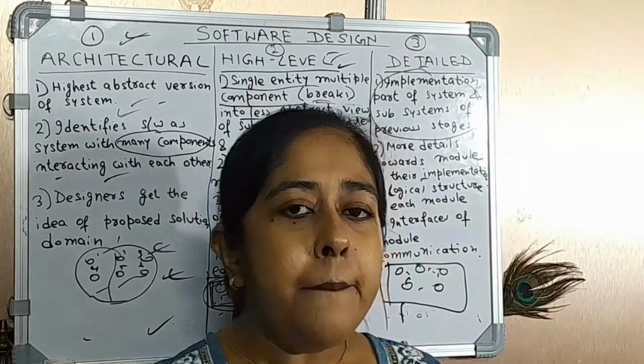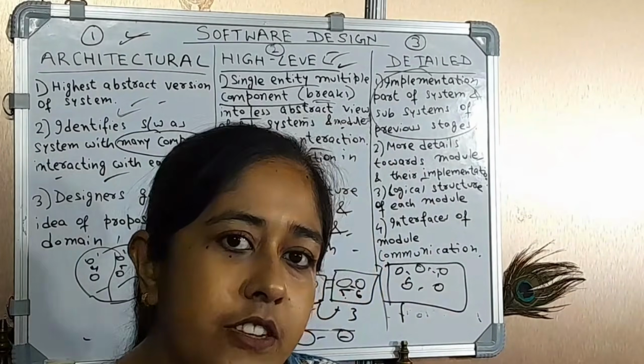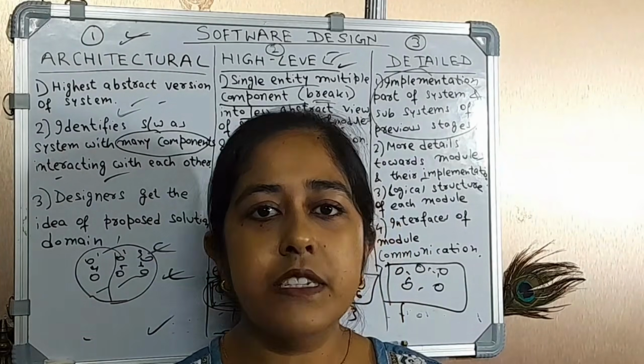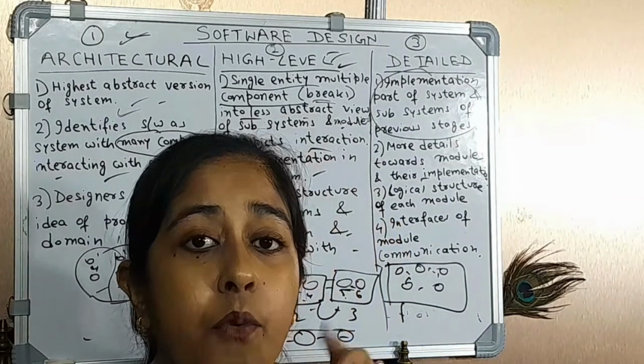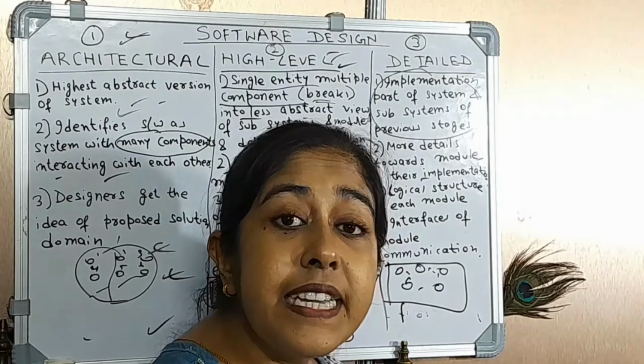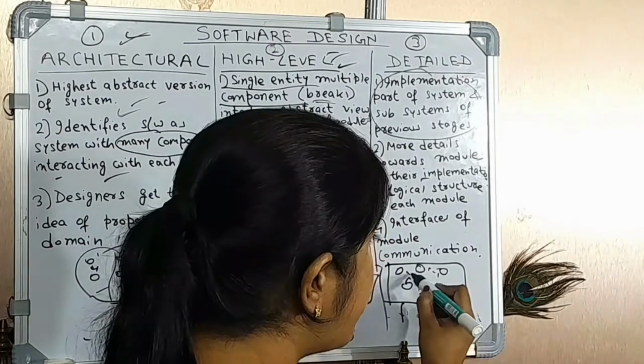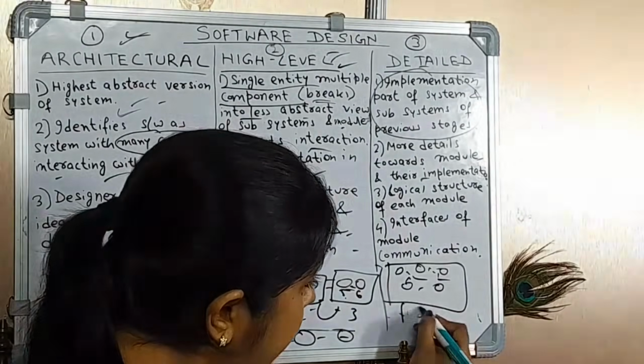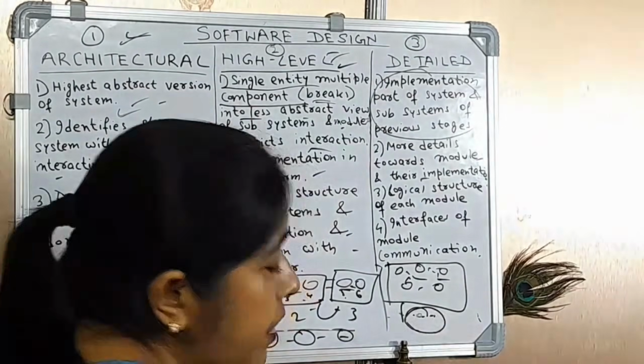But mainly, what is that? In cohesion, if the cohesion is high, then your system is good, a better one. What is cohesion? Inside a particular module there are some components.